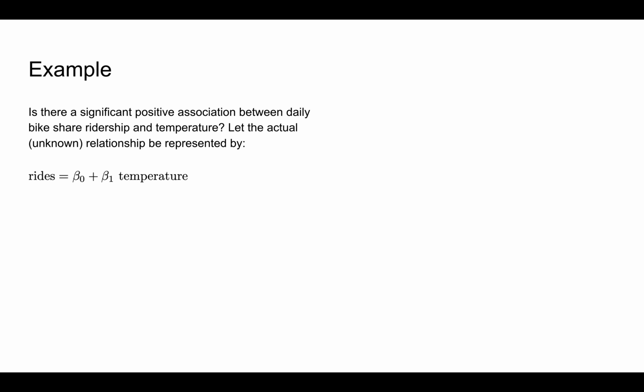For example, suppose we're interested in whether there's a significant positive association between daily bike share ridership and temperature. The actual relationship between these two variables can be represented by the following formula, where the actual intercept beta 0 value and temperature coefficient beta 1 value are unknown, since we don't have all possible data points.